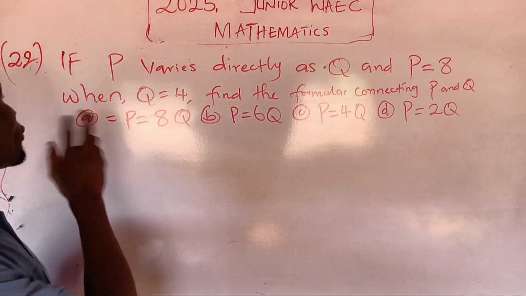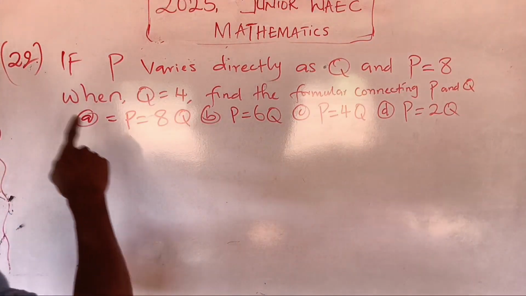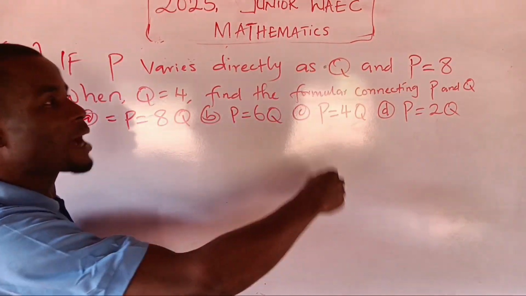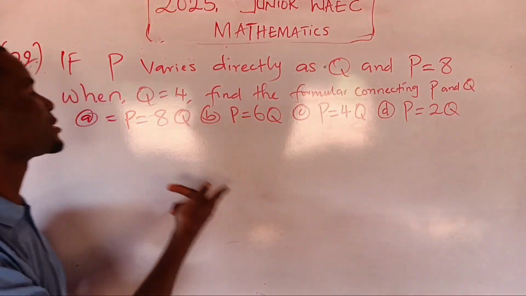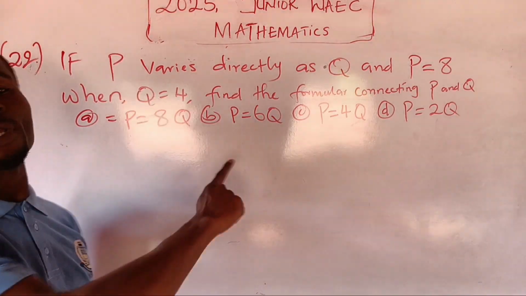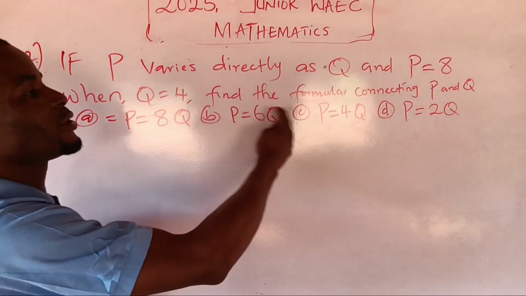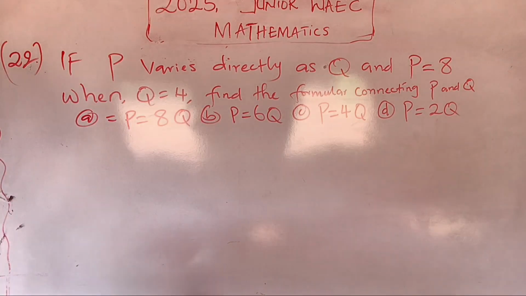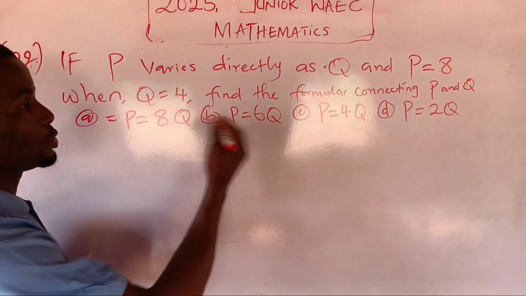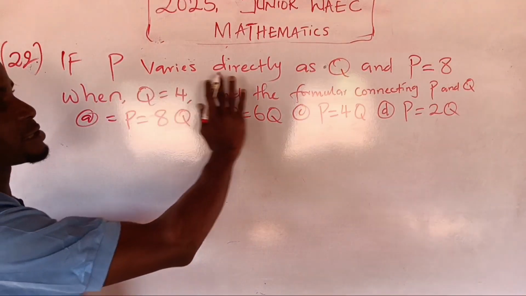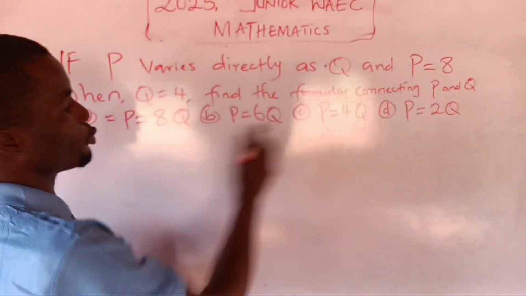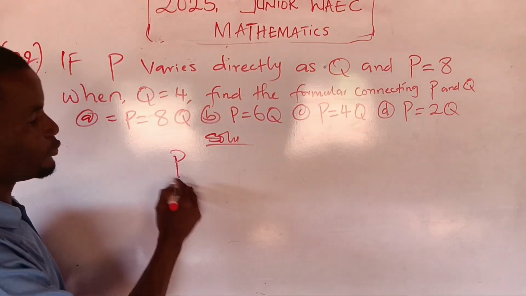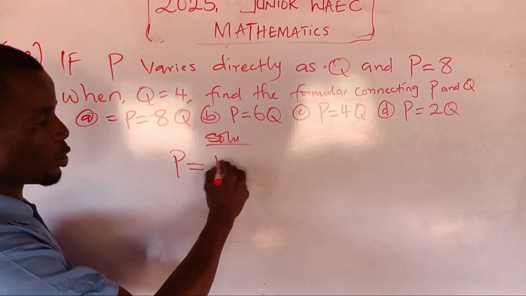Now let's check question 22. Question 22 says, if P varies directly as Q and P is 8 when Q is 4, find the formula connecting P and Q. So to get the formula that is connecting P and Q, don't forget they say P varies directly as Q. So these are the options. We have P varies directly as what?